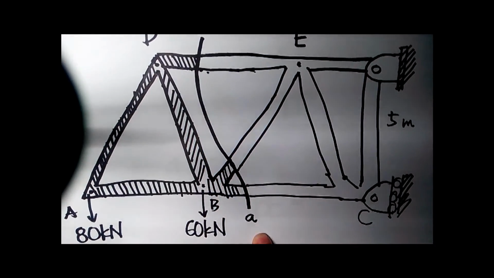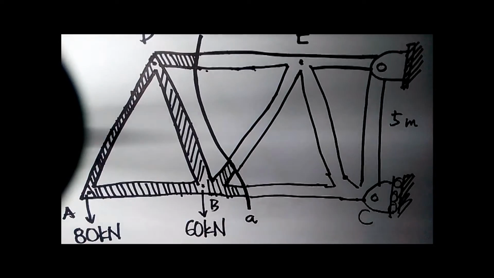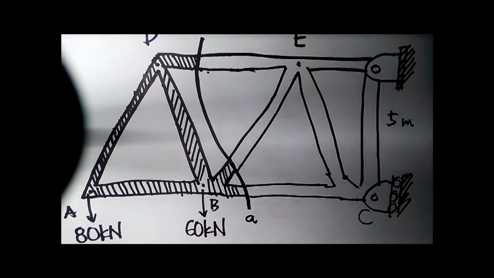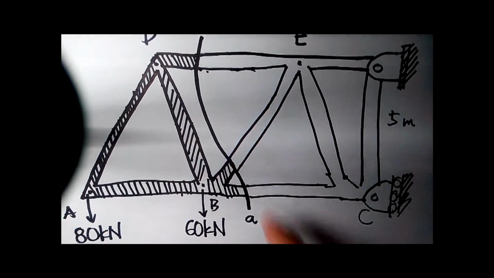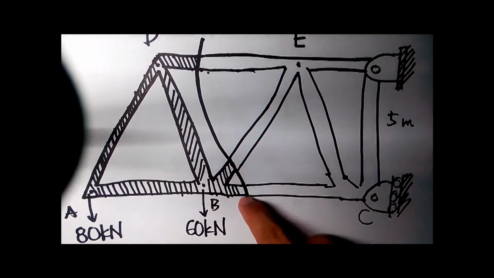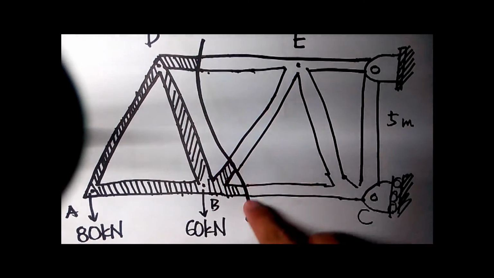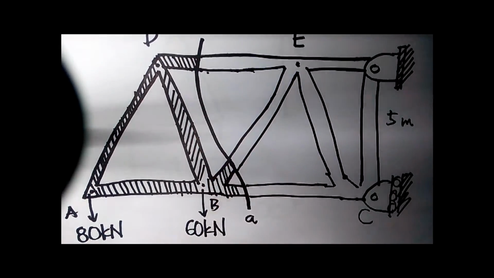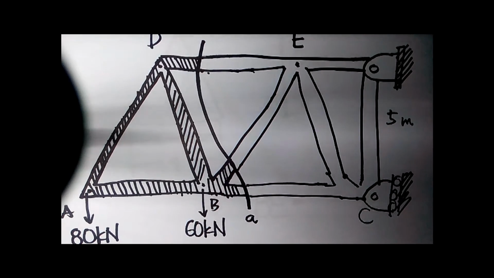As you can see, I managed to follow the restriction, 3 members at a time. I did not exceed. So determine the support reactions.